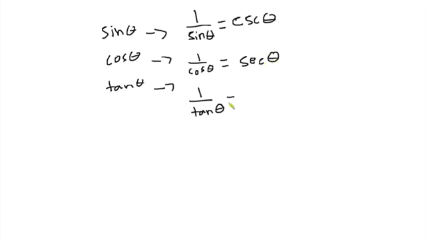And 1 over tangent theta is called cotangent theta. So if you see a problem and it says, cosecant theta equals what? You first want to say, well, cosecant theta is really just 1 over sine theta. And now all you need to do is figure out what sine theta is and plug it in to this expression.